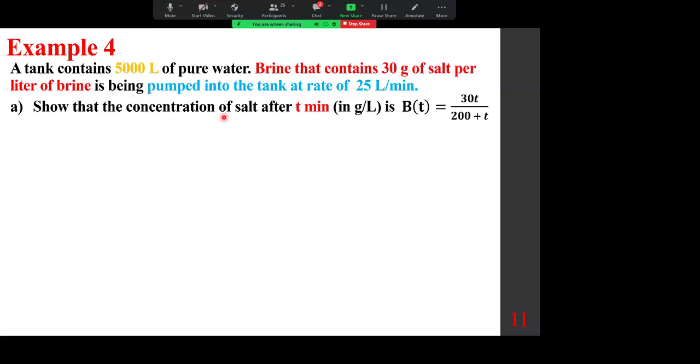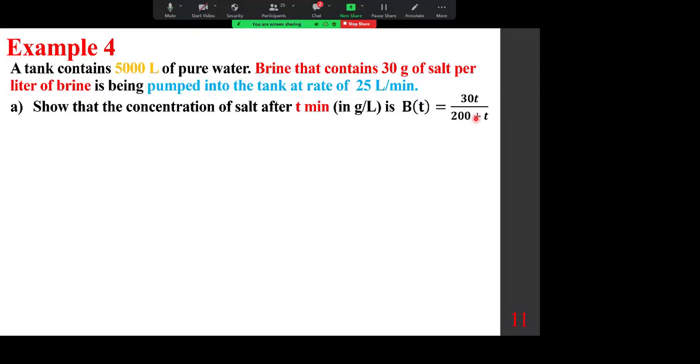Show that the concentration of salt after T minutes in grams per liter is V of T equals 30T over 200 plus T. So the first part is for us to show this and basically do this algebra.